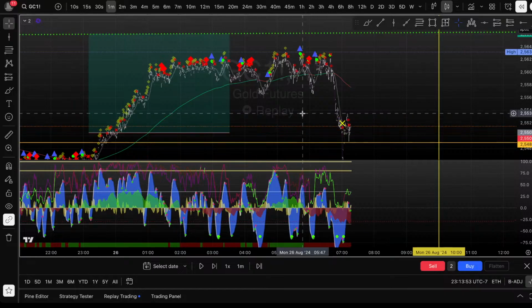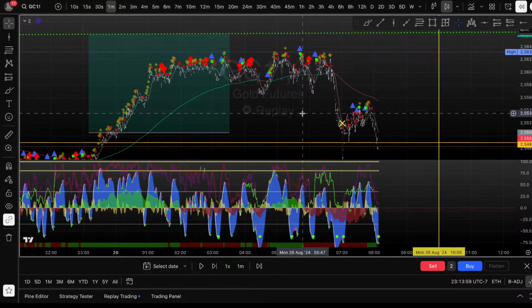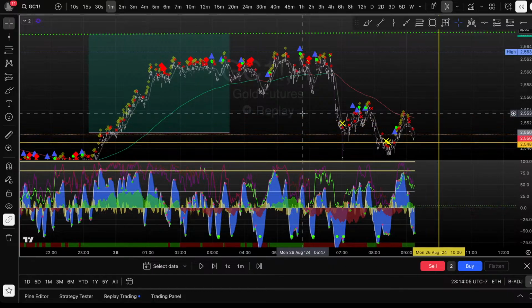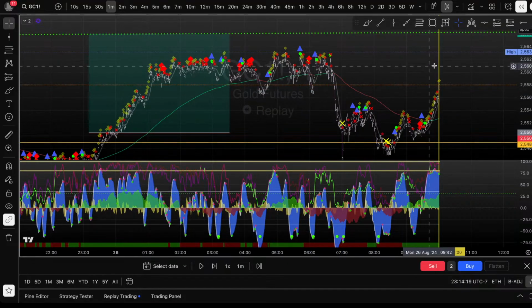It's the New York session. They're dumping it. Look, we would have got stopped out. Getting closer to waking up. All right, we're awake.